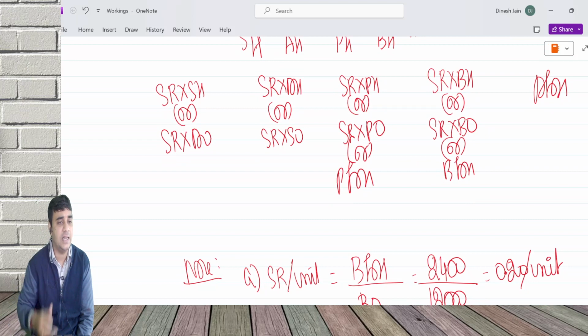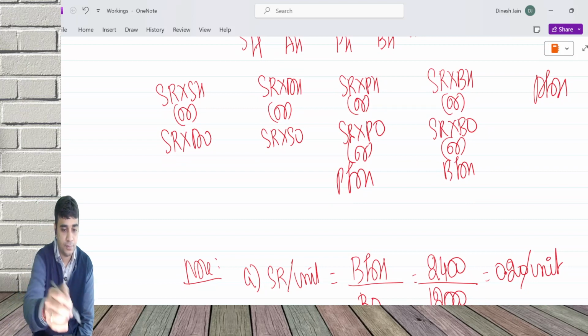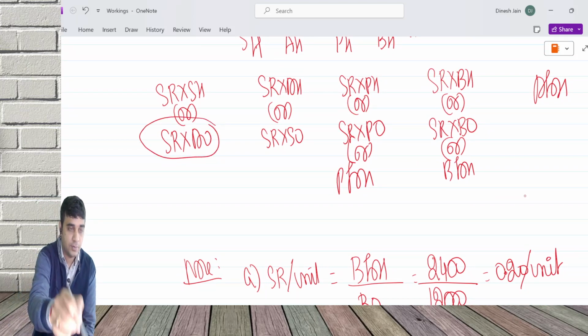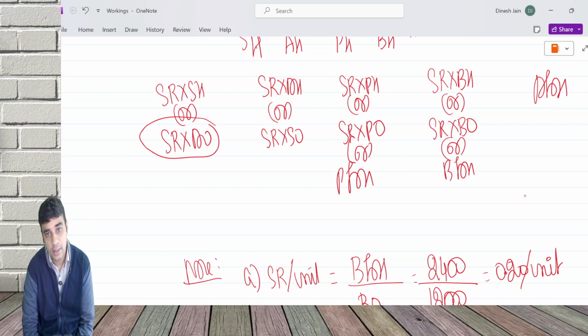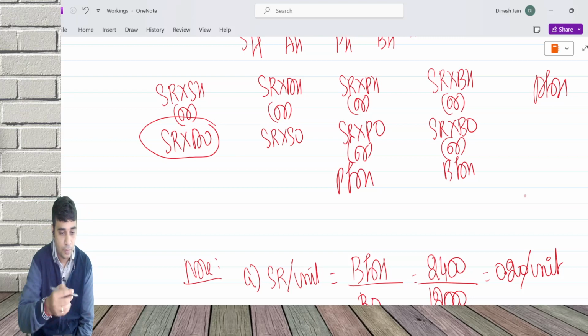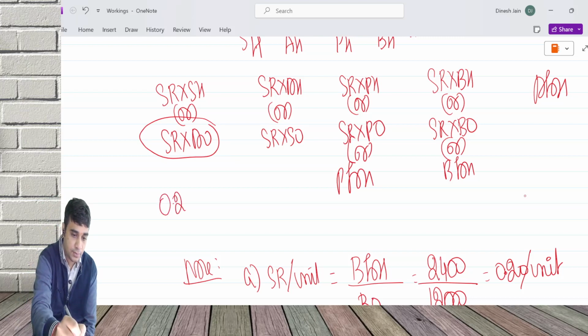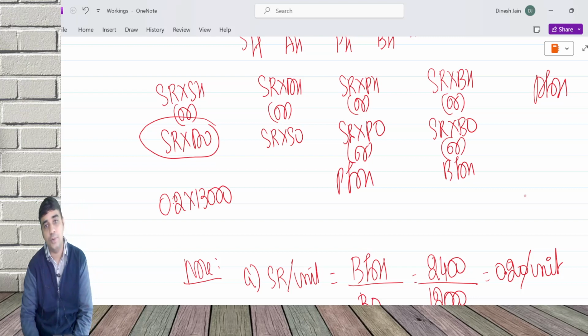Between SH and AO, one of them is there in the question. How much? 13,000. 0.2 or 0.4? What should I multiply? 0.2 into 13,000. Between AH and SO, one of them will be there.